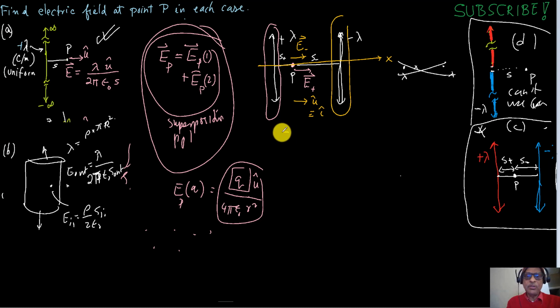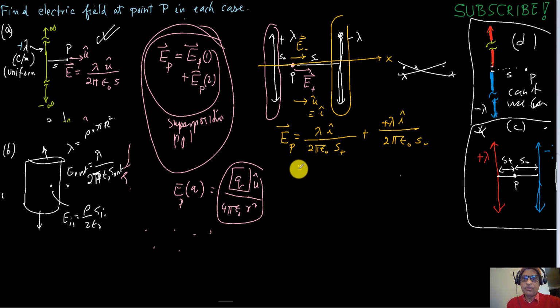So you are going to get E at P is lambda i hat over 2 pi epsilon naught S plus, then plus minus lambda i hat over 2 pi epsilon naught S minus, actually the same direction, and so they're going to add.